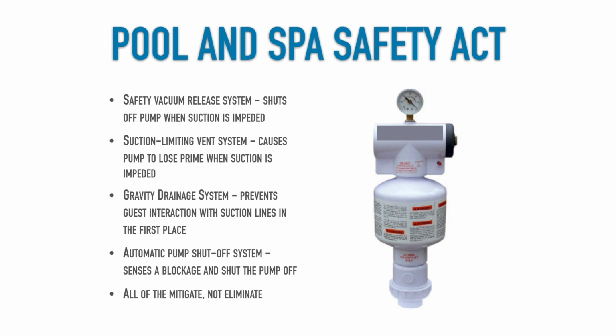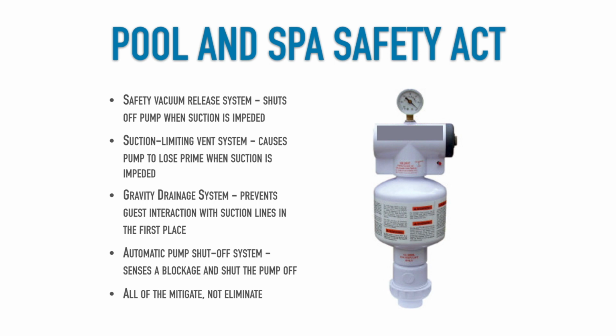Or if there's two leaves on top of there. They're overly sensitive when it comes to all of the suction anti-entrapment elements that they provide. As a result, pretty much every time you get back to your property, it's going to have shut down your system. So again, like I said, the best one is the SVRS system when it comes to mitigation.